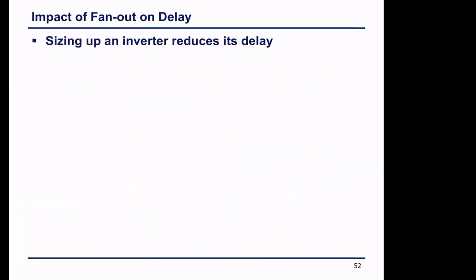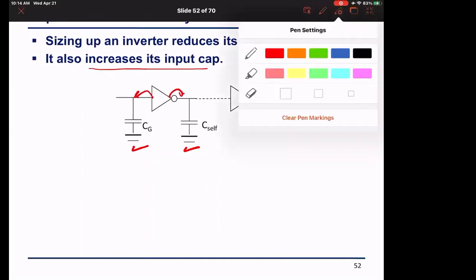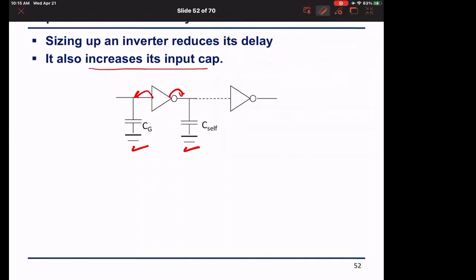Great. So sizing up the inverter reduces its delay but it also increases its input capacitance. The inverter in a chain has its self capacitance and its gate capacitance. Of course, we are pulling them out of the structure so that we can see them, but in real life they are an integral part of the circuit.